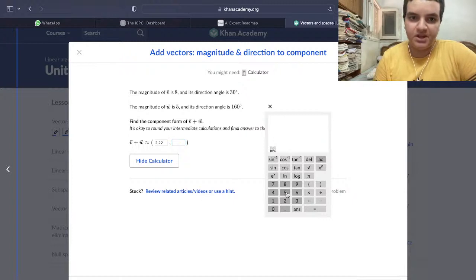Then we do the same thing but with sine. So 8 by sine 30 plus 5 by sine 160. 5.71.